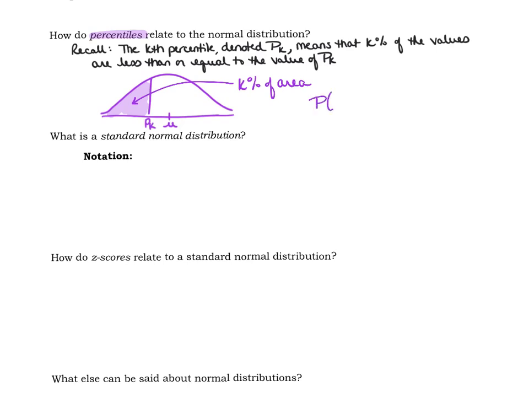So the probability that x, the height of girls, for example, is less than or equal to p sub k, that percentile, 4 feet 10 inches, is going to be equal to k percent.